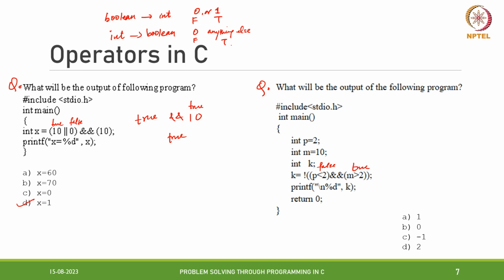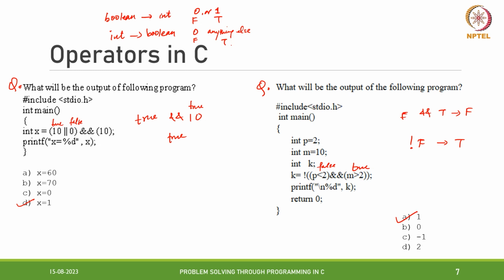Now we have an AND operation here, so false and true will give me a false, right? Now on this entire operation we are doing a not operation. So not of false will be true. So k will have a value of true, and k is an integer, so it will have a value of 1, right? So again here you will have a printout of 1.